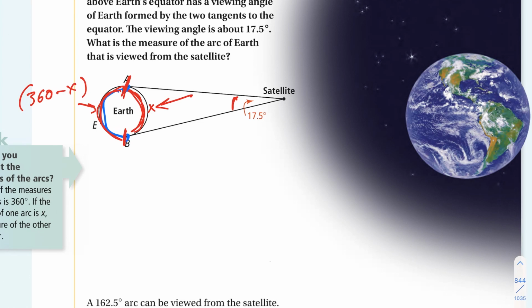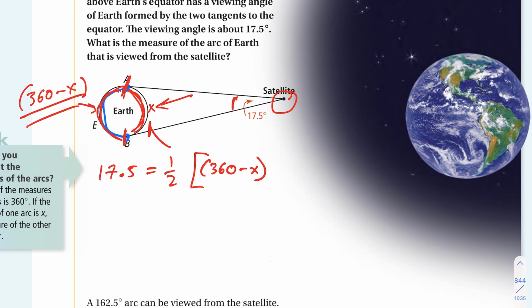We have the point outside, so again that is subtraction. So we are going to say 17.5 equals 1/2. And what is the bigger side? This guy is the bigger side. So 360 minus x. Subtract that little side, minus x.